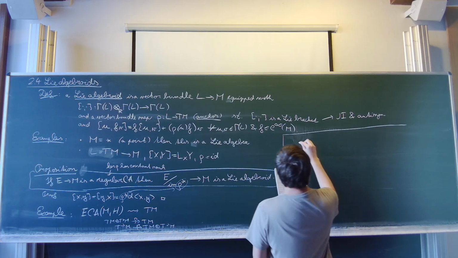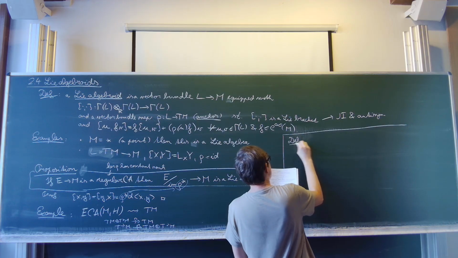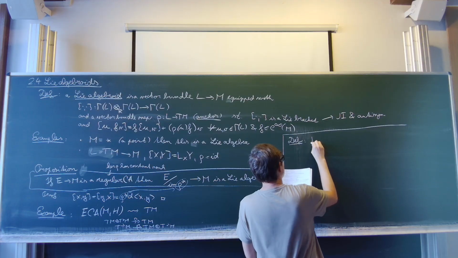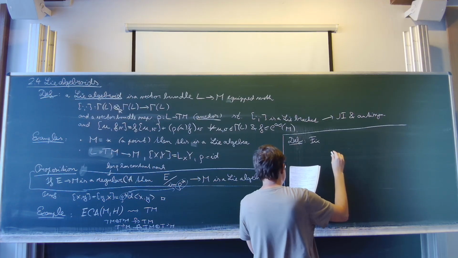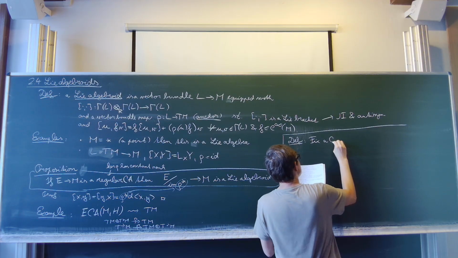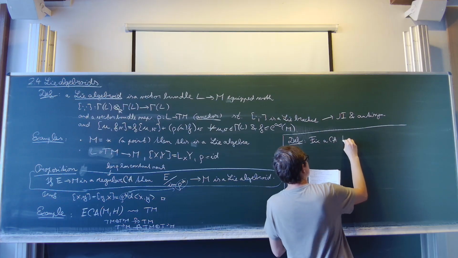Very good. Okay, so then maybe to finish this part, let me give a definition of a Dirac structure and a generalized complex structure, just mimicking what we did before. So fix a Courant algebroid.